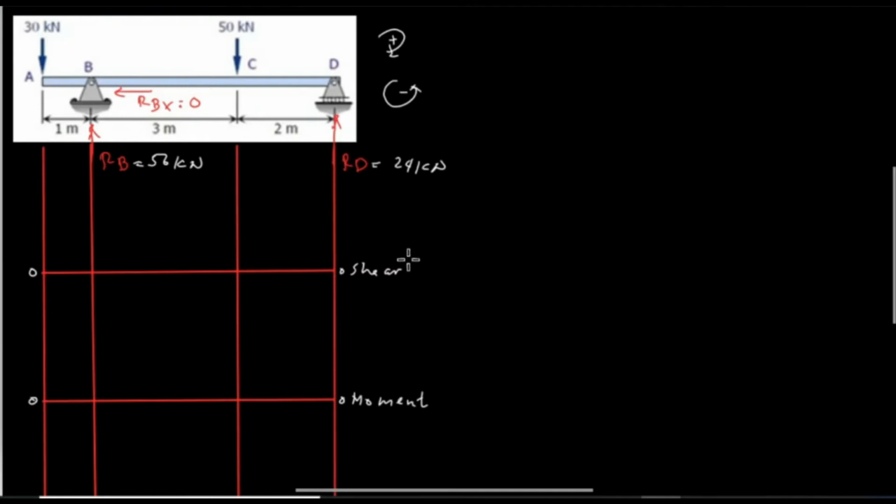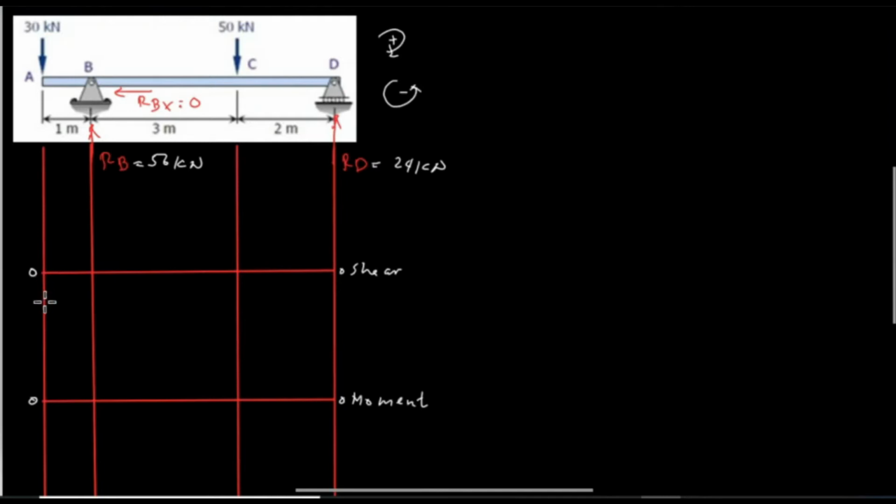First, we will find the shear values from A to D. The procedure always starts from the left. At point A, we have a concentrated load of 30 kilonewton, and starting from 0, we have 30 kilonewton, which is downward.